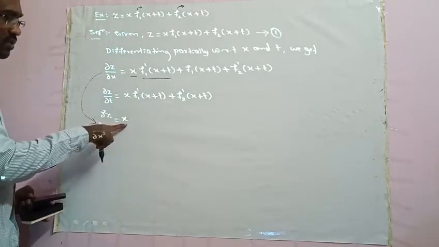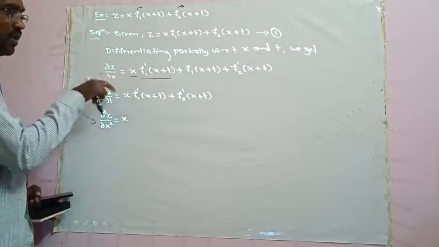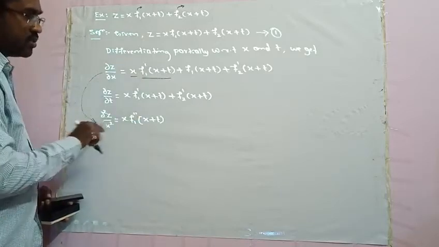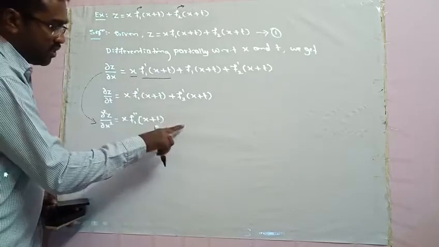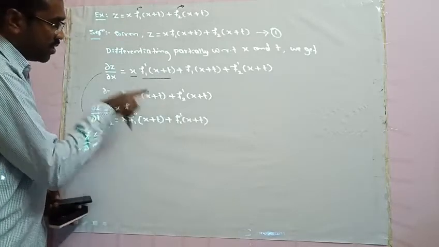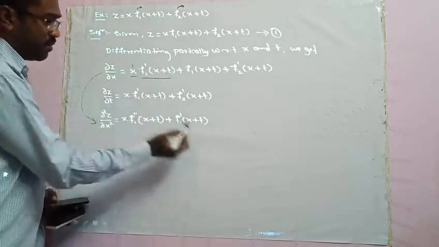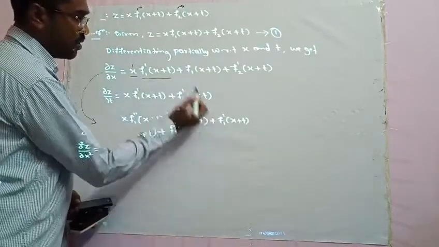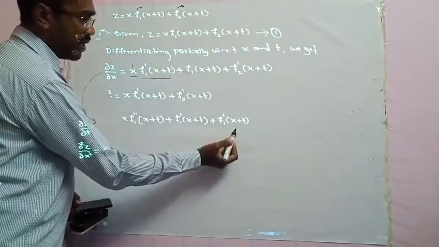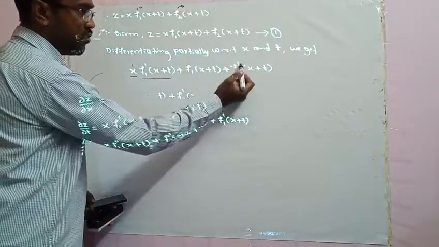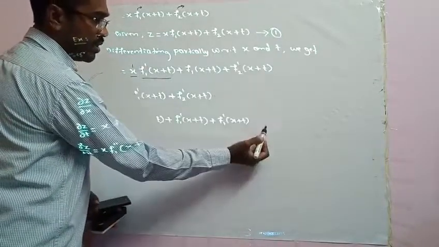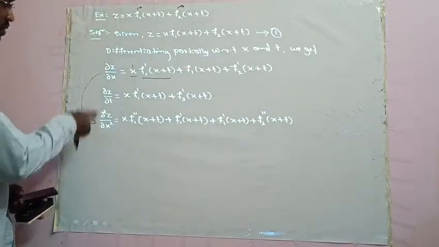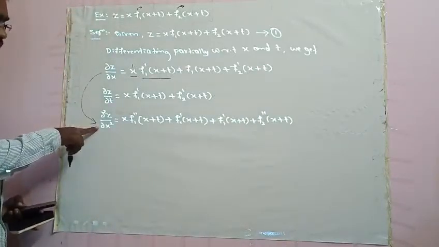First function as it is, differentiation of f1 dash is f1 double dash, plus f1 dash as it is, differentiation of x is 1, plus differentiation of f1 is f1 dash, plus differentiation of f2 dash is f2 double dash. So this is the differentiation of dou z by dou x once again with respect to x.